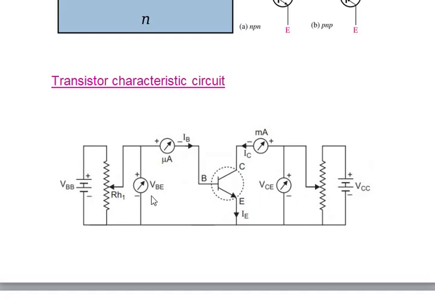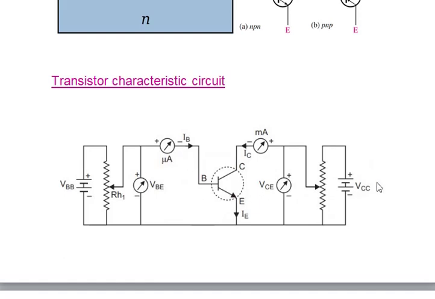The voltage applied between the base and emitter is measured using the voltmeter VBE, and the current passing to the base is measured using the microammeter. It is noted as IB. So it is forward bias. The positive terminal is connected to the voltmeter, then the ammeter, and then to the base.